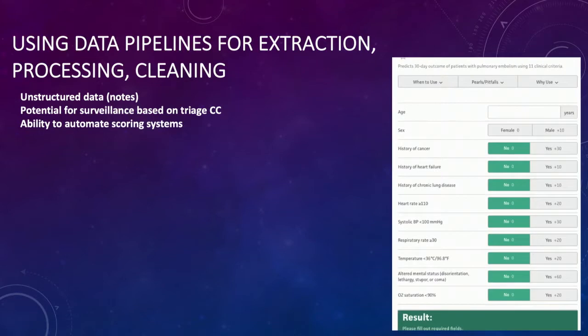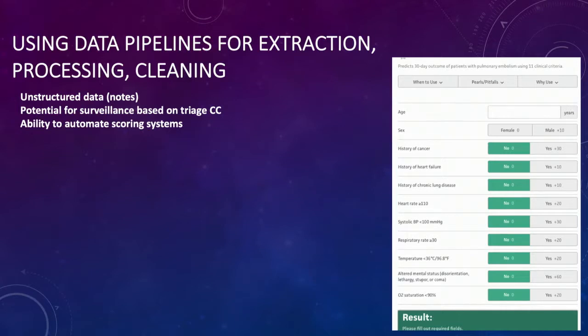So this is the PESI score. It would be fairly easy to create an automated PESI calculator for things like history of cancer, which you could get from past medical history, or age, sex, or heart rate. But altered mental status is the thing that has the most weight in the score. How are you going to get altered mental status out of the electronic health record?